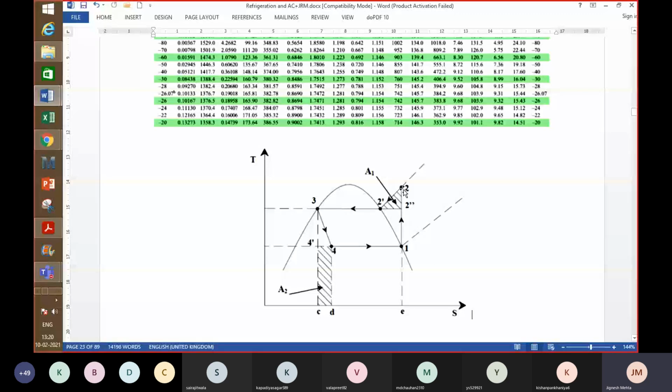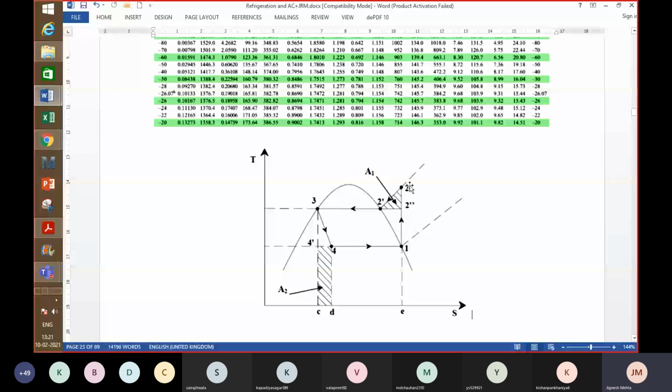Means whatever is the entropy at point 1, the same is the entropy at point 2 also. So you know pressure as well as entropy at point 2, and because you know these two properties, it should be possible for you to get all other properties also.